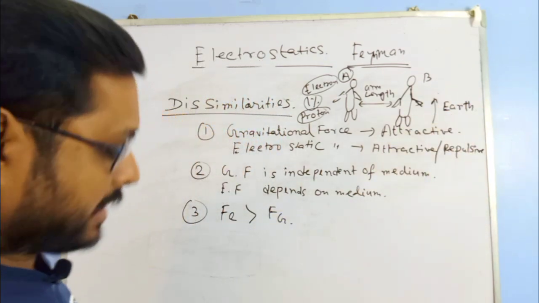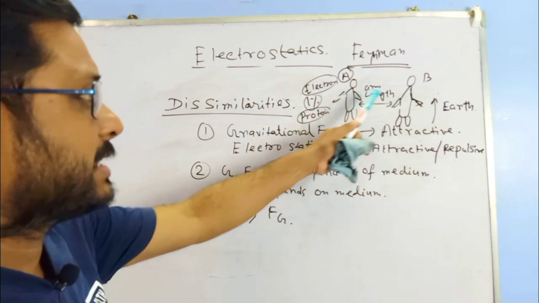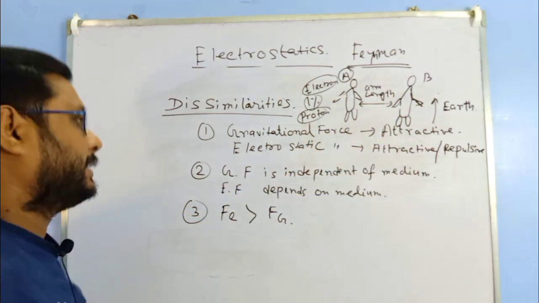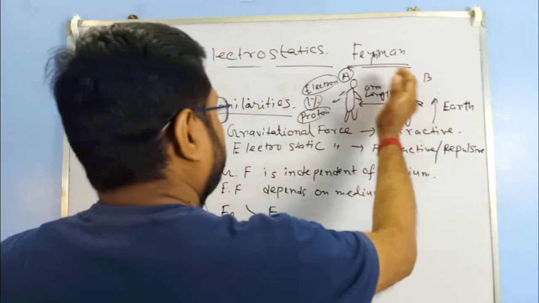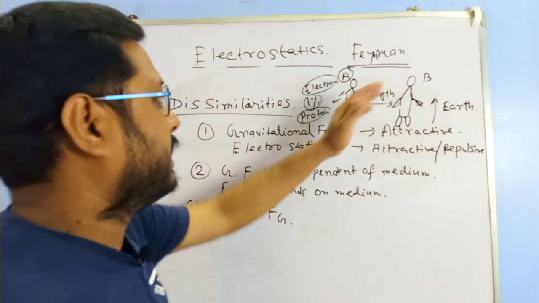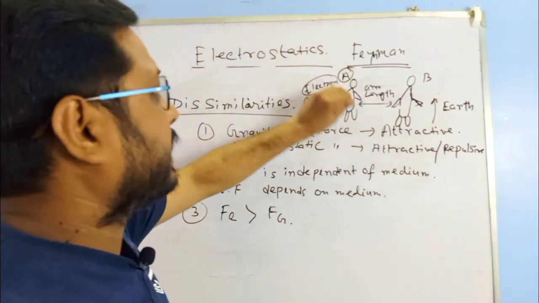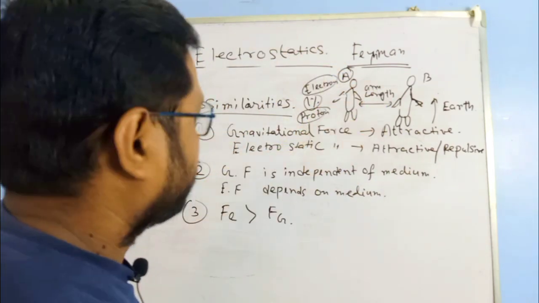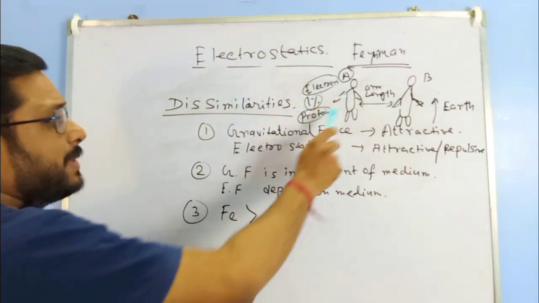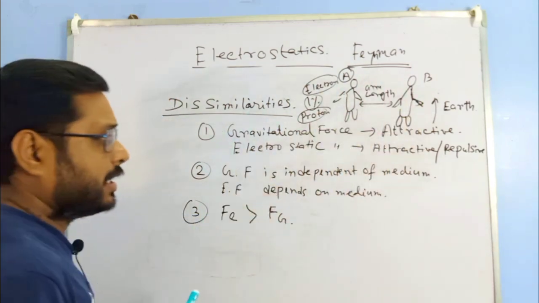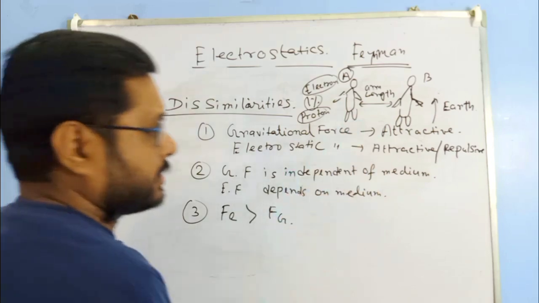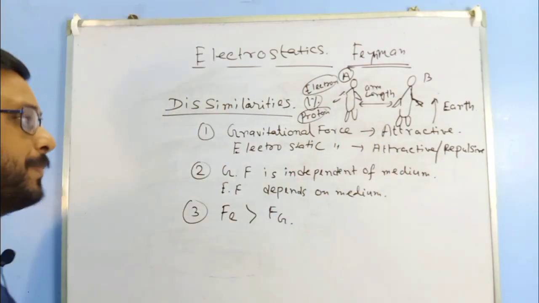Again I say that if two persons are situated at arm's length from one another, and both have the same number of electrons and protons, and if we give an excess of electrons to person A, just 1% more than protons, then a repulsive force will occur between A and B. This repulsive force is enough to lift the entire Earth according to Feynman.